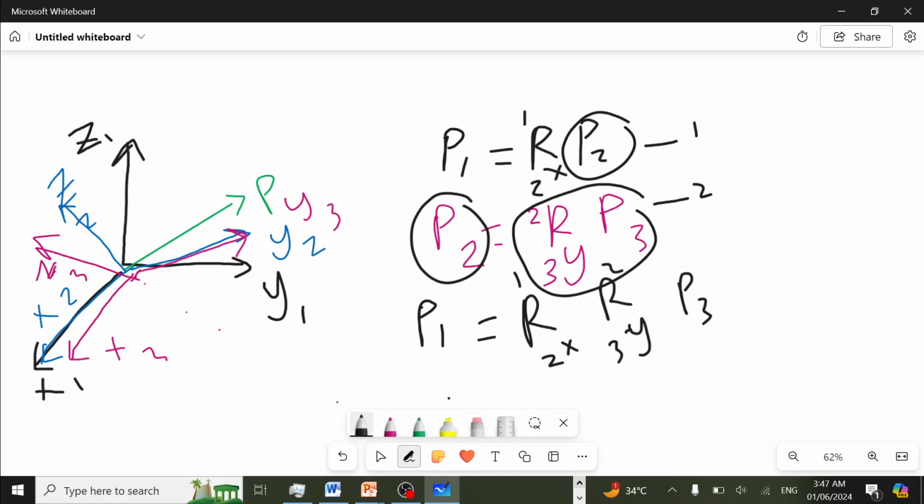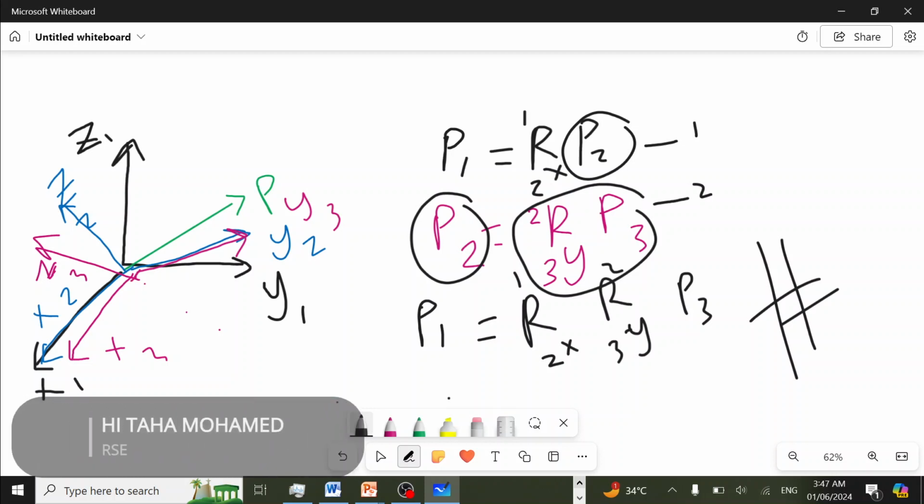The first rotation matrix Rx is post multiplied with Ry, so B1 equals Rx Ry B3, post multiplication. So we have proved the most important formula for post multiplication, okay.